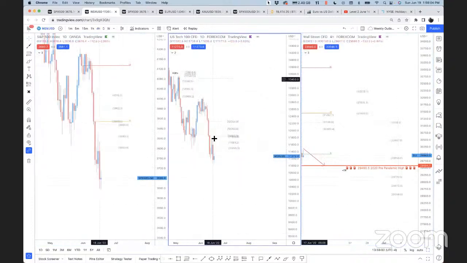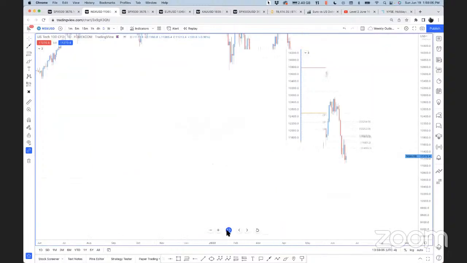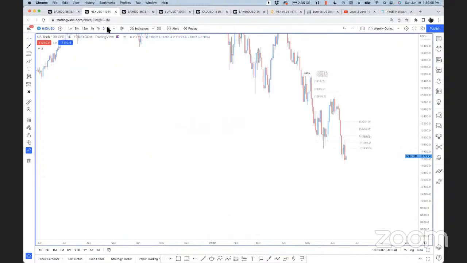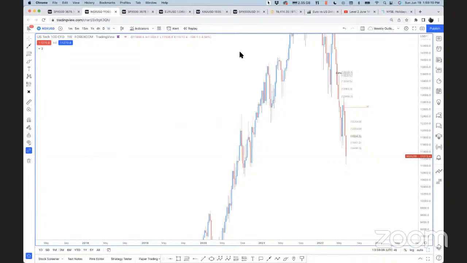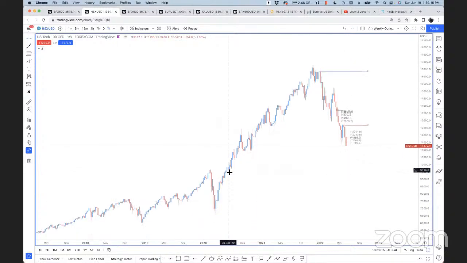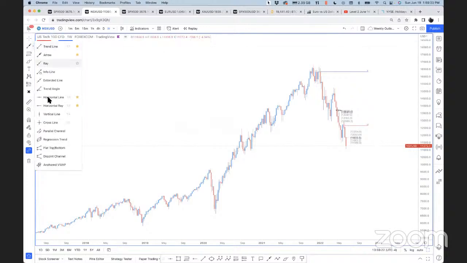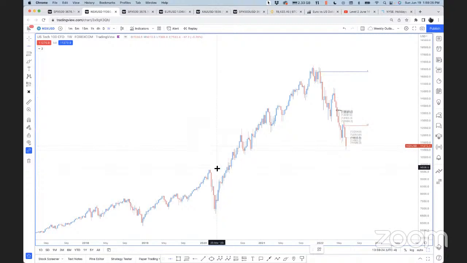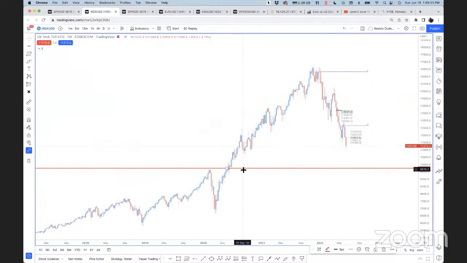NAS looks similar. Let's go to the weekly. Now, the only difference with NAS is our pre-pandemic high is a little further away. We still got a lot of room before we get there, because that's right here.